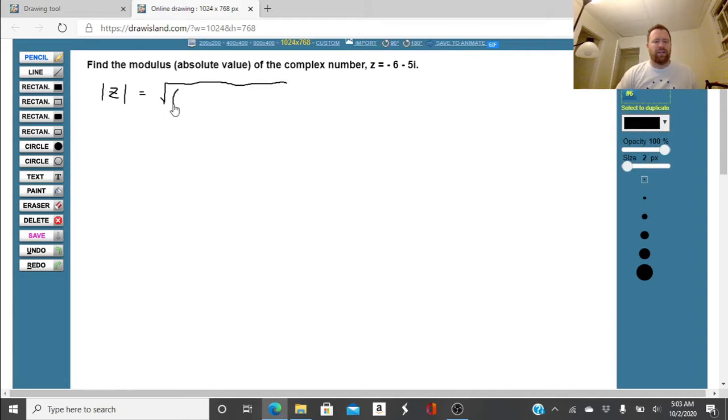So we're going to take the real value, -6, and subtract 0, and square that, plus, we're going to take the imaginary value, which is -5, subtract 0, and square that.